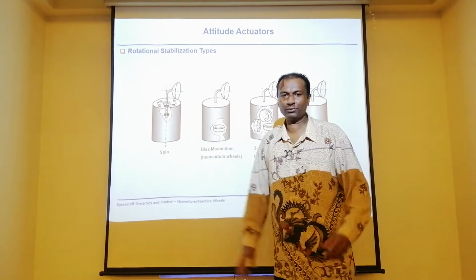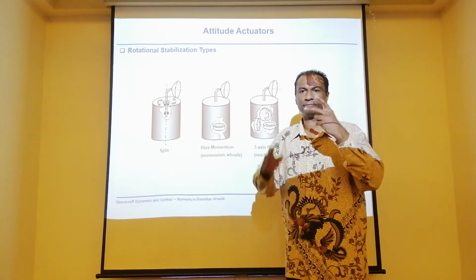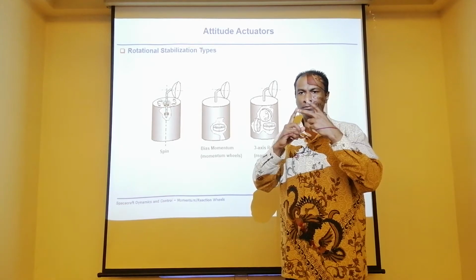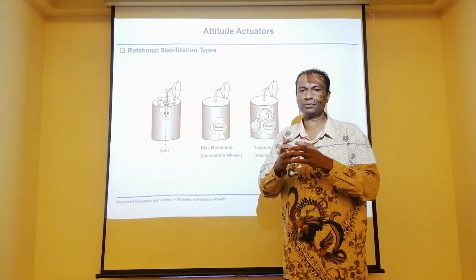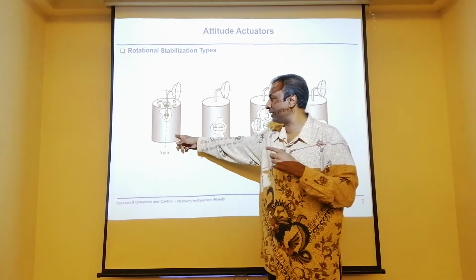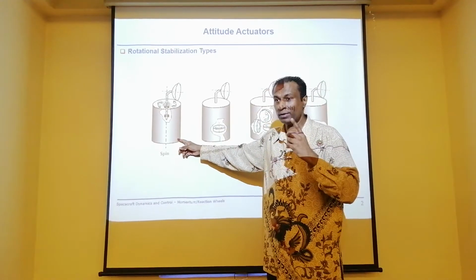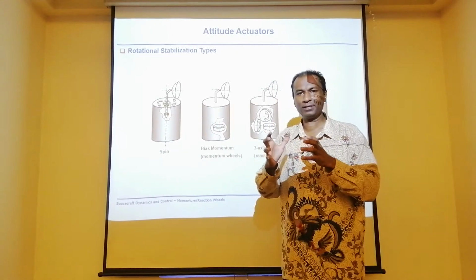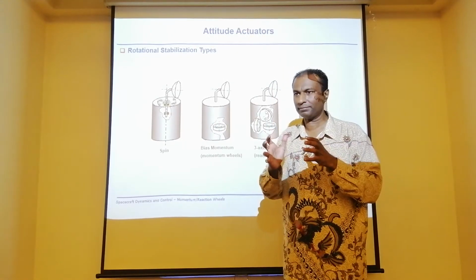Now, there are two ways you can produce angular momentum. One is a very high speed with a smaller mass. The other is a very low speed with a bigger mass. A spin satellite has lower speed and bigger mass, and you will have quite a reasonable angular momentum.